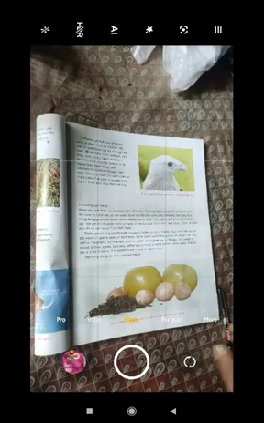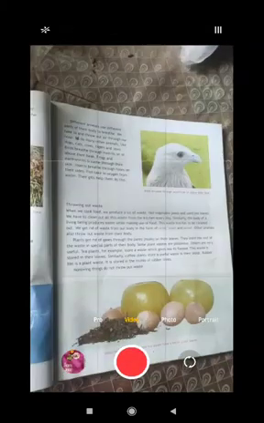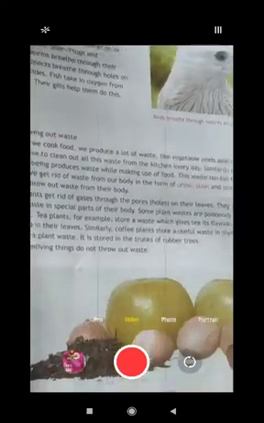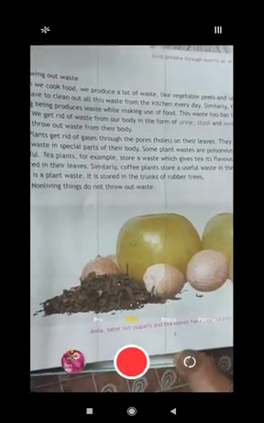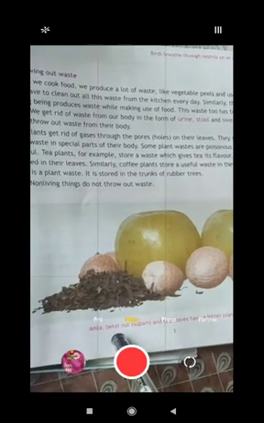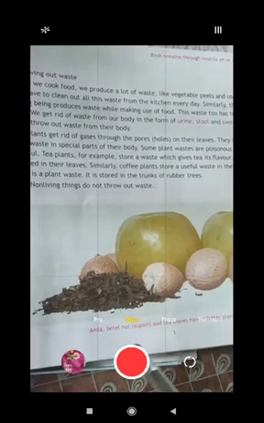Now, here if we see the picture of it, you will get some of the names: amla, and betel nut, which is known as supari.